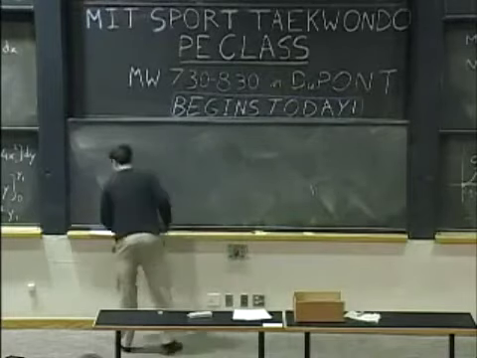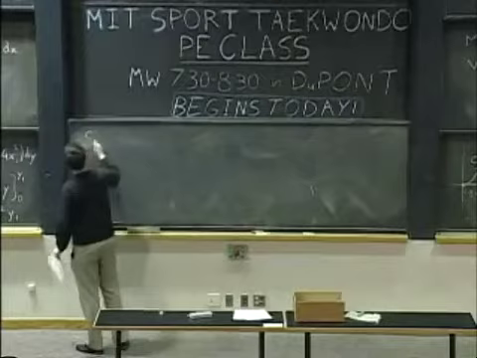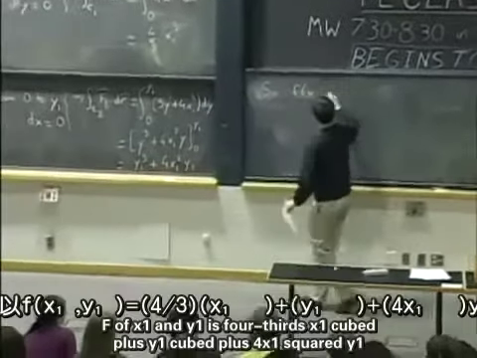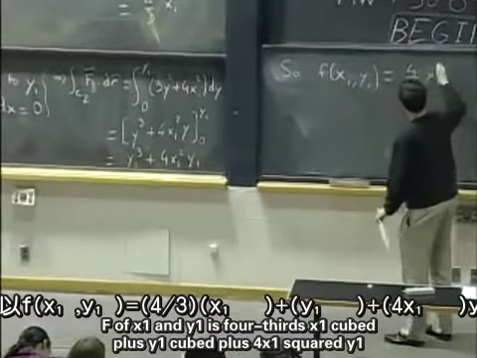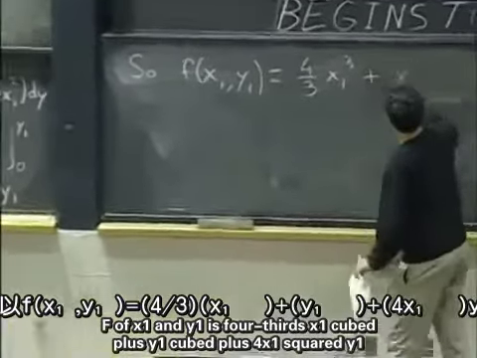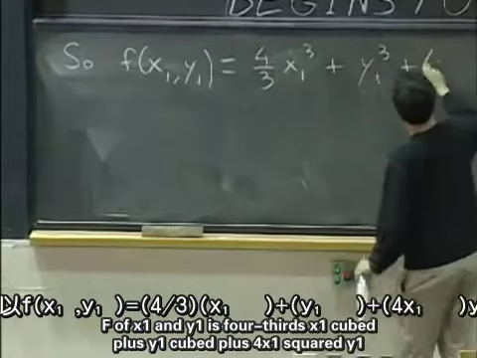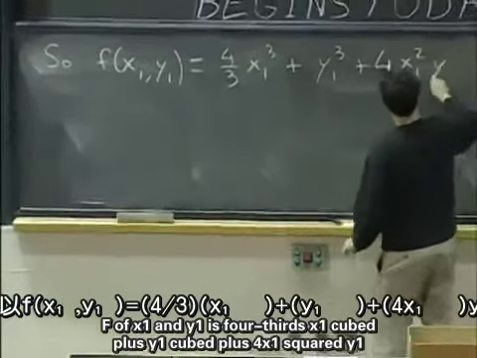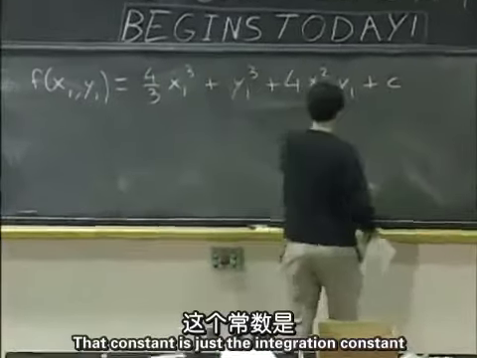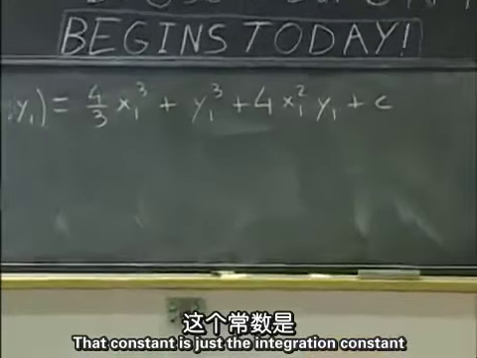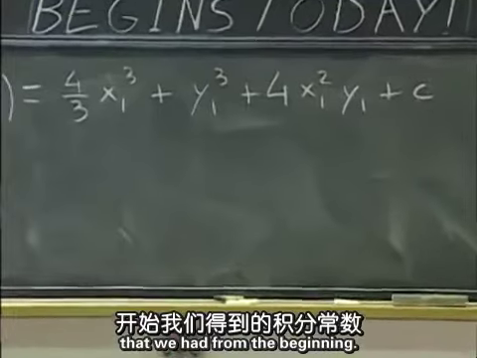Okay, so f of x1 and y1 is 4/3 x1 cubed plus y1 cubed plus 4x1 squared y1 plus a constant. Okay, that constant is just the integration constant that we had from the beginning.